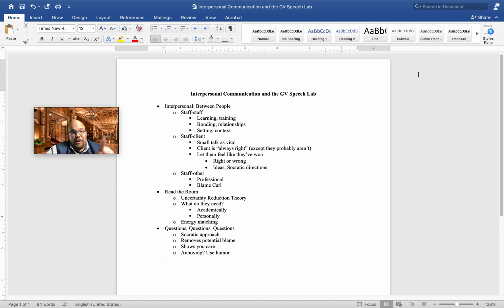That's where the bonding and relationships idea comes from, because that's primarily what staff to staff communication at the lab is. I want to make sure everybody can differentiate between the way we talk to each other and the way we talk to other people, or the way that we talk to each other in front of other people.